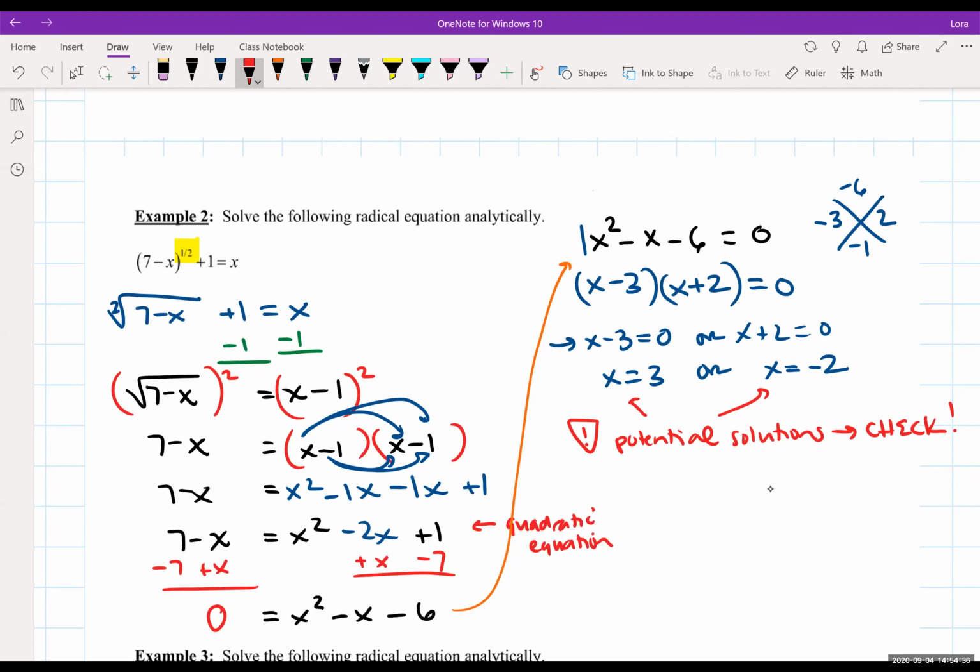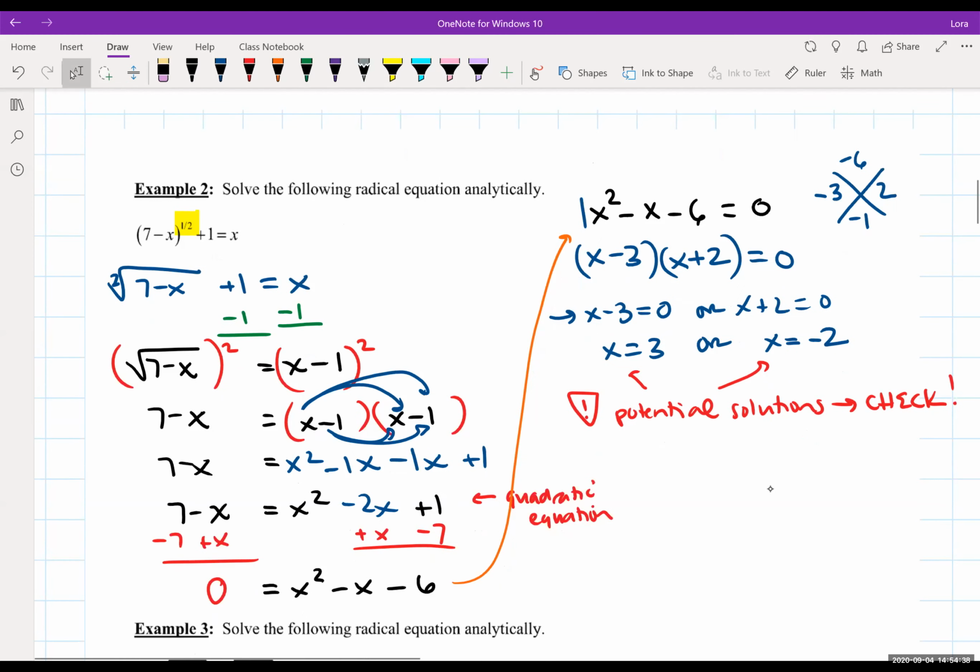I don't know if I explained it earlier, but just in case, I'll repeat myself if I did. When you raise both sides of the equation to a power, sometimes you introduce extra roots, and we call these extraneous roots.